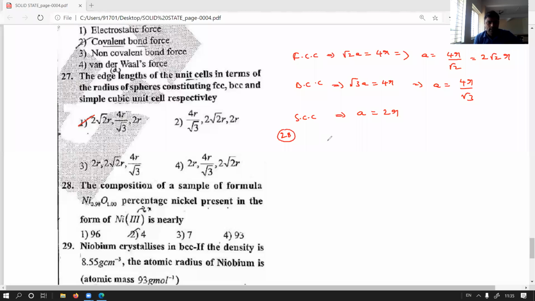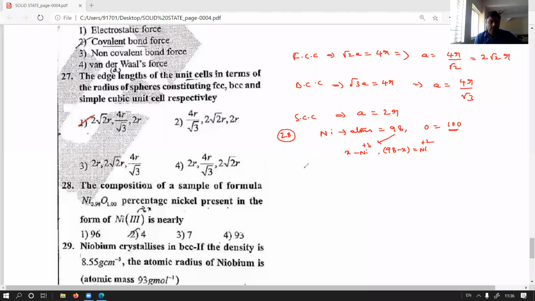In the 28th question, let nickel atoms be 98, then oxygen atoms is 100. In that, X nickel atoms are present as nickel +3, and the remaining 98 minus X atoms are nickel +2.